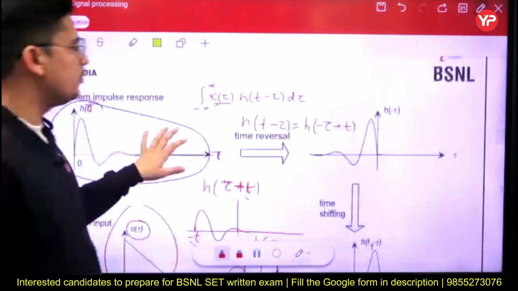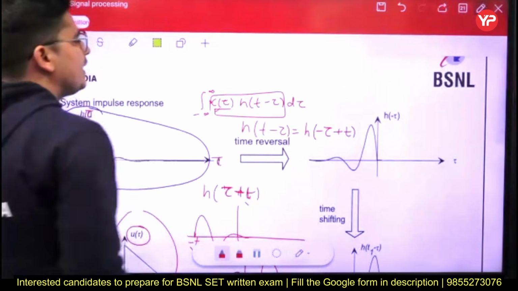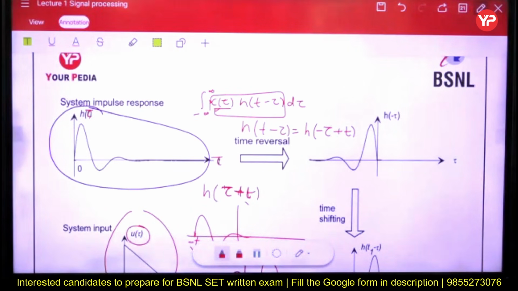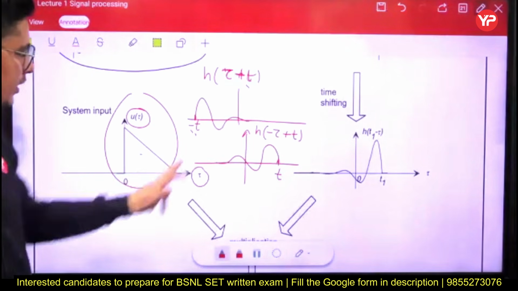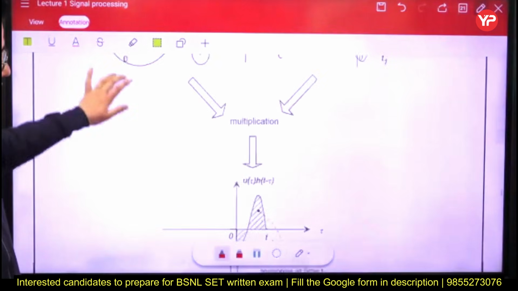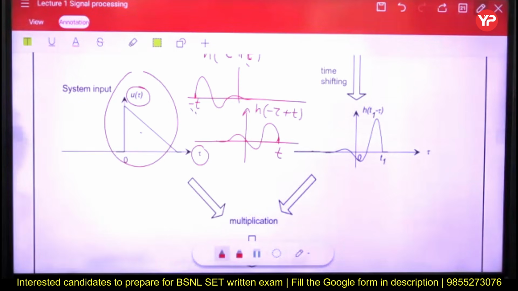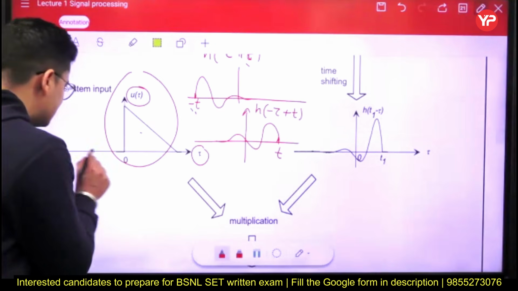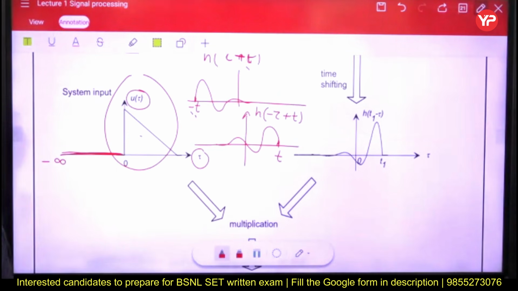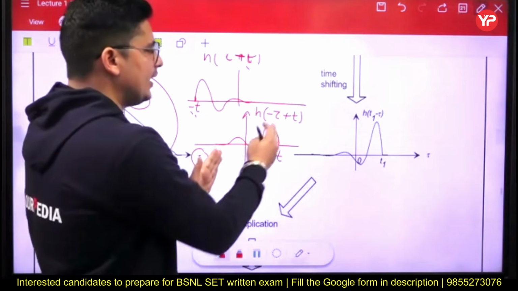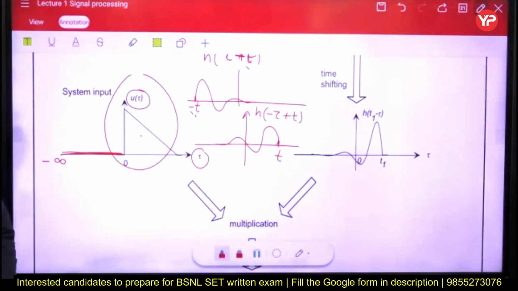After that, for this convolution, we have to multiply these two terms: the input multiplied with this h of t minus tau. The multiplication of these two quantities will become like this. From minus infinity to 0, this function u of tau is 0. When you multiply it with h of minus tau plus t, it also becomes 0 from minus infinity to 0.